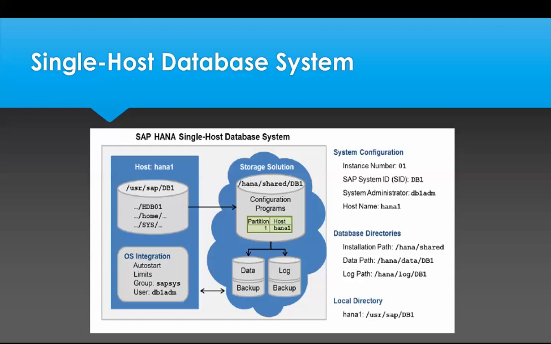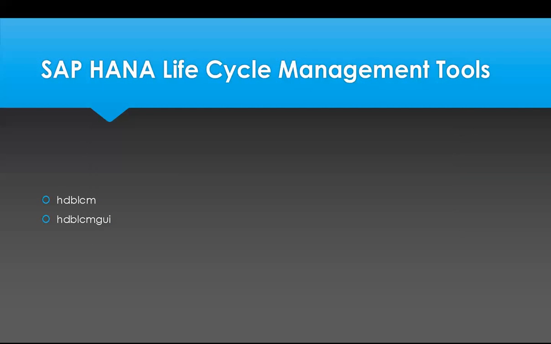So both the HDB LCM and HDB LCM GUI, these are the SAP HANA Lifecycle Management tools. These two tools can be used to install an SAP HANA single host system in one or more installer modes and with a combination of parameter specification methods. So you can see over here that these are the two tools we have.